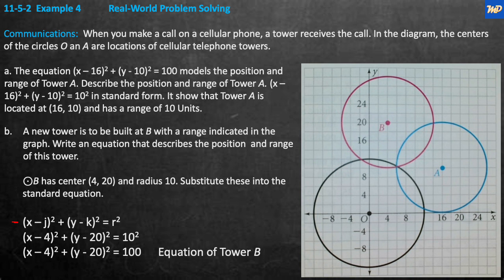So it's x minus 4, the x value, squared, plus y minus 20, the y value, squared, equals 10 squared, or 100. Okay, so the standard equation we're writing is x minus 4 squared plus y minus 20 squared equals 100.